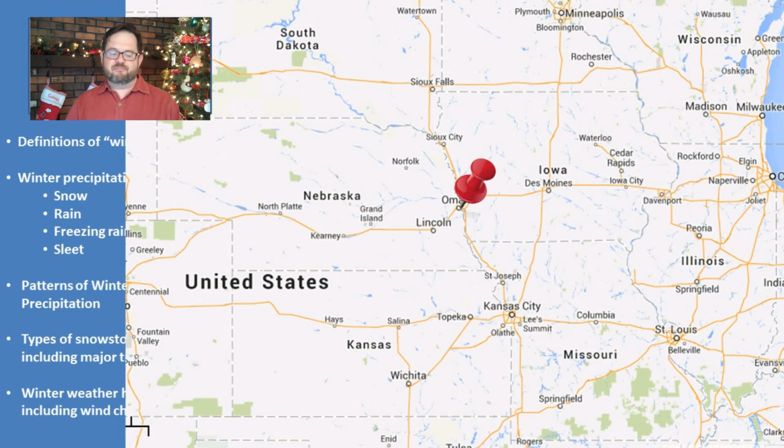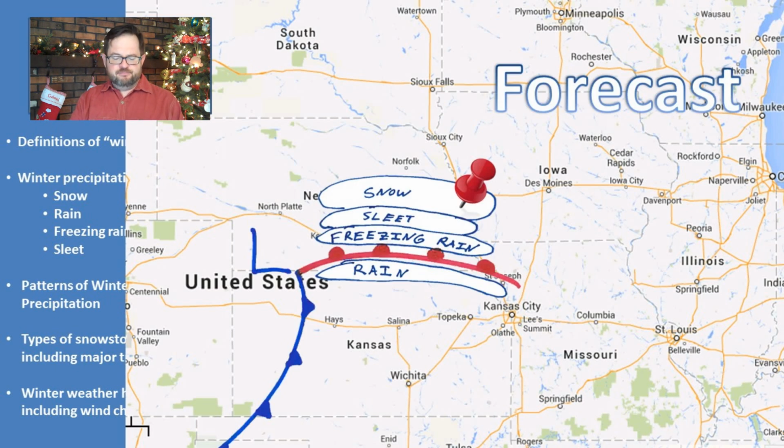If I just pull up a map of the Midwest here and put a pin on Omaha just to help you with the geography, and I was thinking about where I wanted to have my winter precipitation associated with a warm front that, as I've drawn here, is associated with a mid-latitude cyclone. Let's say my forecast was that I had this low pressure system, this cyclone, centered in southwest Nebraska, and there's a cold front that goes down into Kansas and Oklahoma, all of which would have precipitation too, but it's more complicated along the cold front.